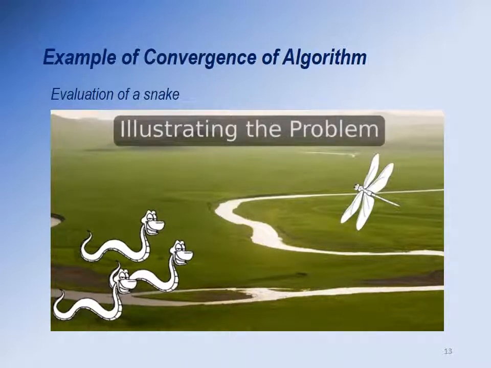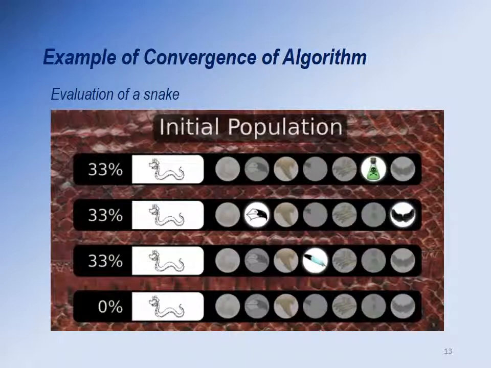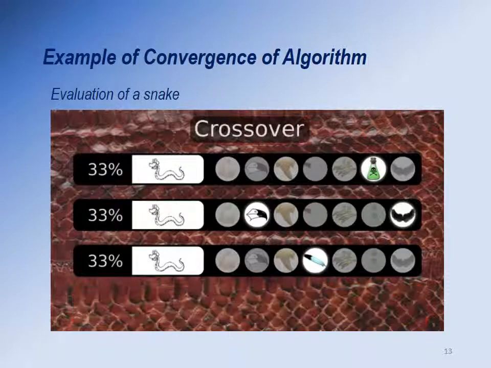So for the survival of this snake, possible mutations can be done in several ways. Within the next few minutes you will see how this mutation can be done. This mutation can be done by changing the snake with poison, beak, wings, or feather.